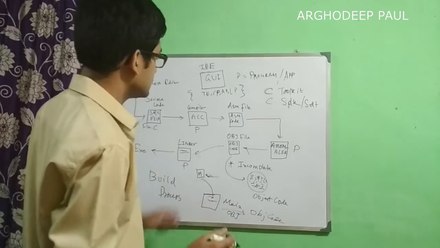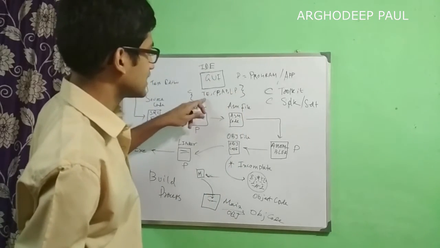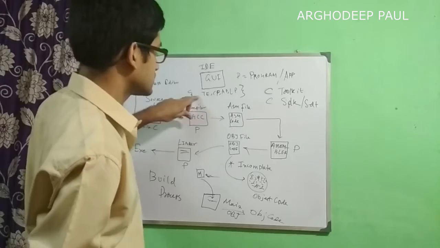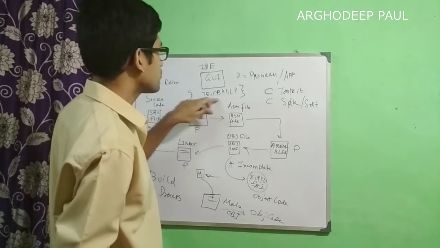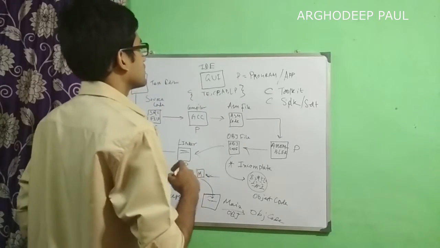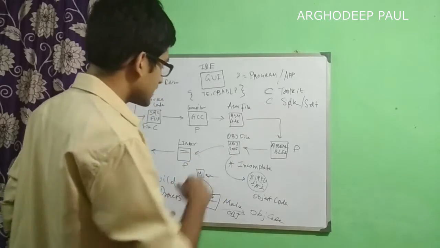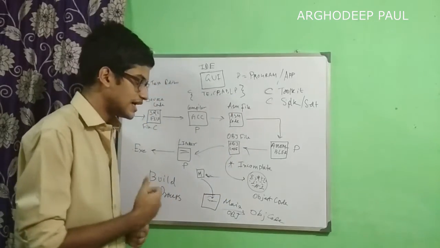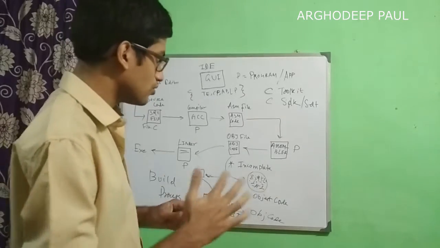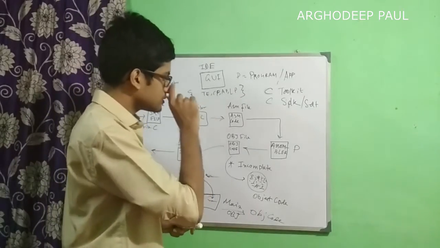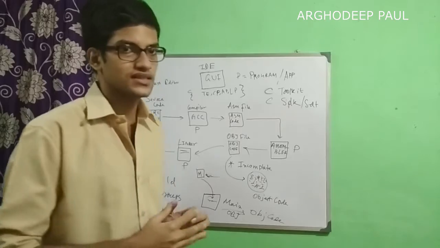So behind the scene, the IDE will contain this package, these 4 programs, and also will be providing the graphical user interface, so you can manage all of these programs at one go, easily.